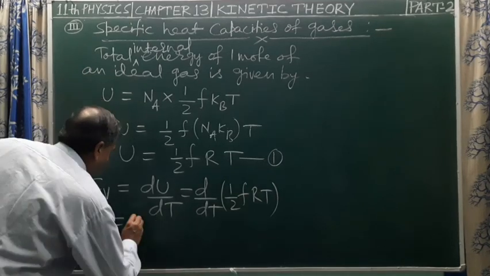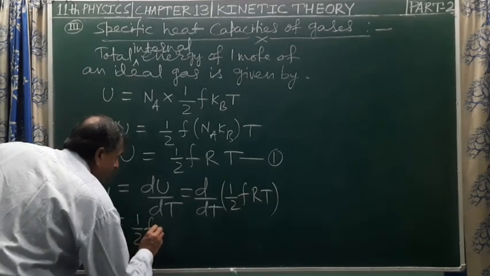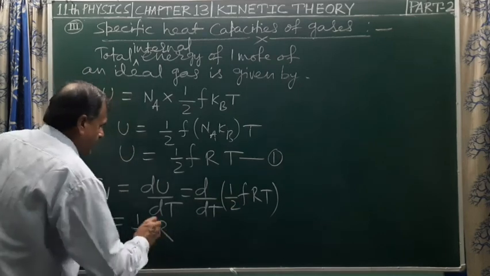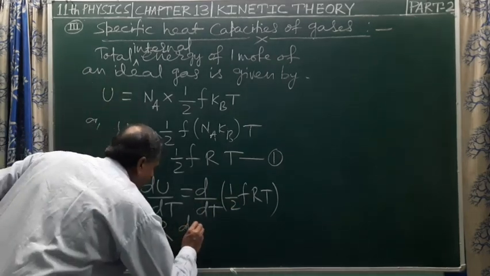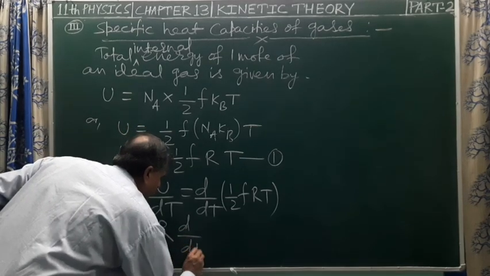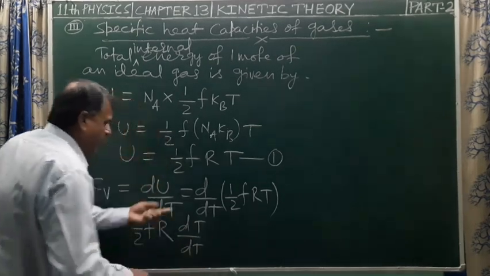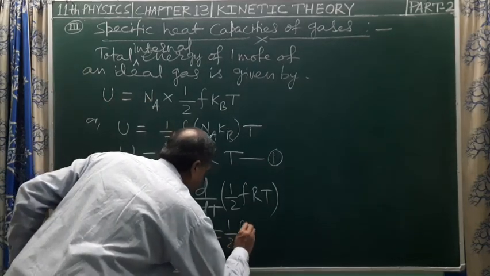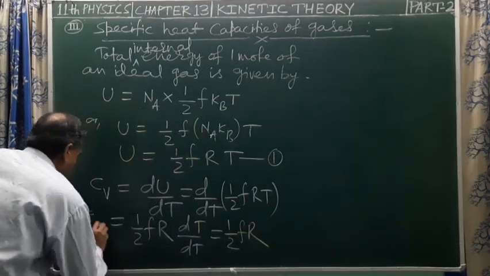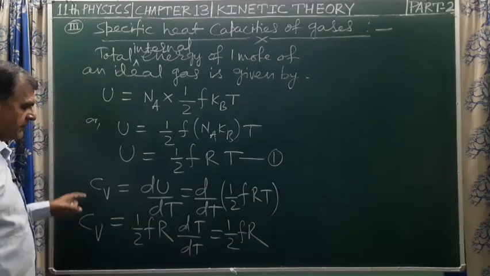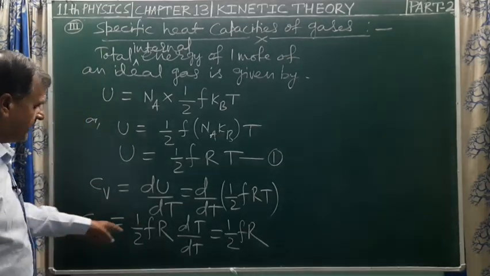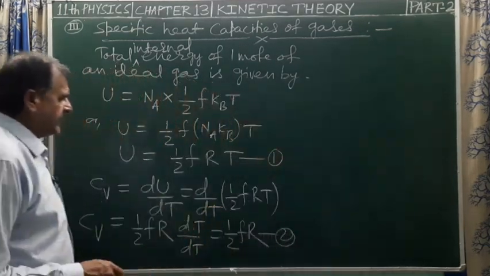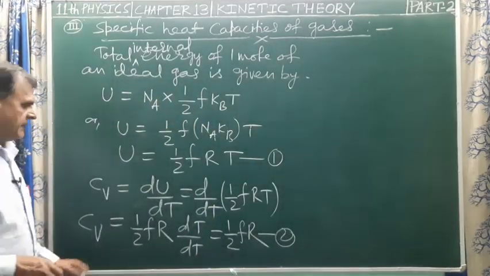After differentiation, 1 by 2 f into R is constant, and d upon dT of T is 1. So Cv is equal to 1 by 2 fR, where f is the degree of freedom and capital R is the gas constant.